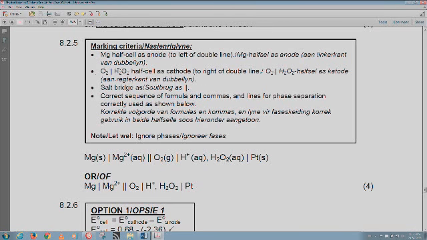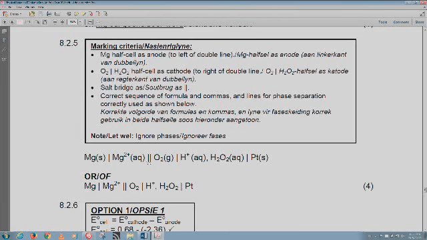And then the hydrogen peroxide half cell is written as the cathode to the right of the double line. And then the 3rd mark is for the salt bridge, which is the double line. And then the 4th mark is for the correct sequence of the formulae and commas and the lines of the phase separation correctly used as shown in the cell notation below.